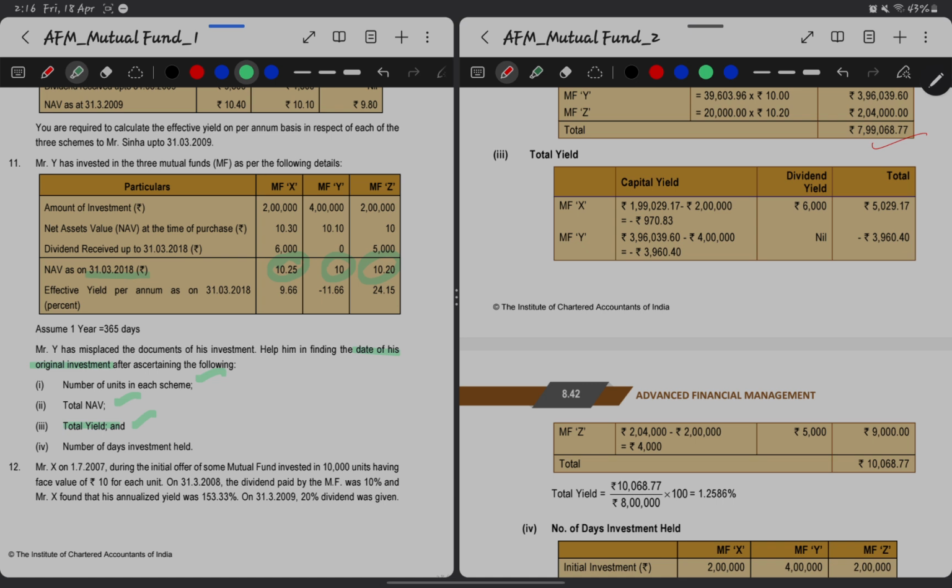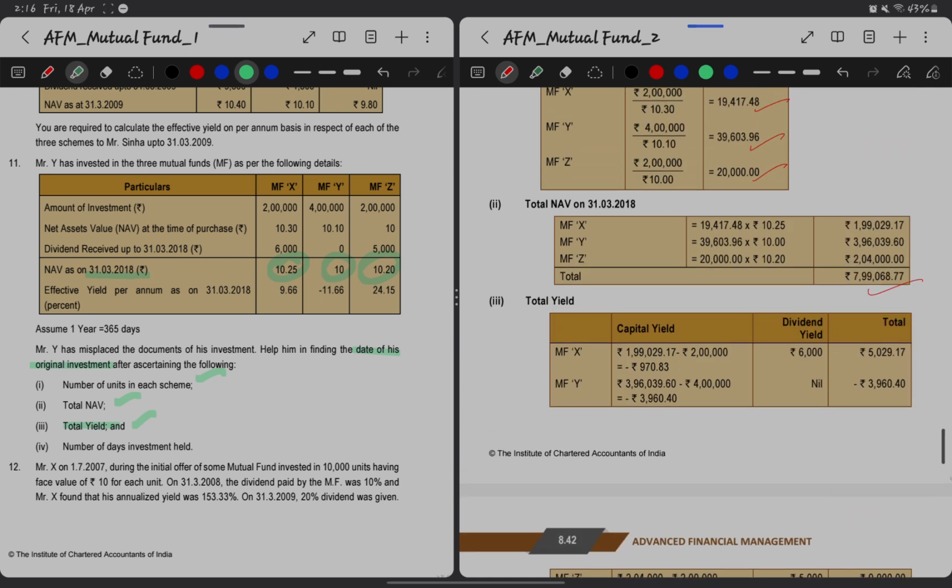Total yield is nothing but the dividend received, which is the normal income earned, plus the capital appreciation plus the capital gains. Capital appreciation will be unrealized and capital gains will be realized. Here there is no information regarding capital gains, which is the realized gain.